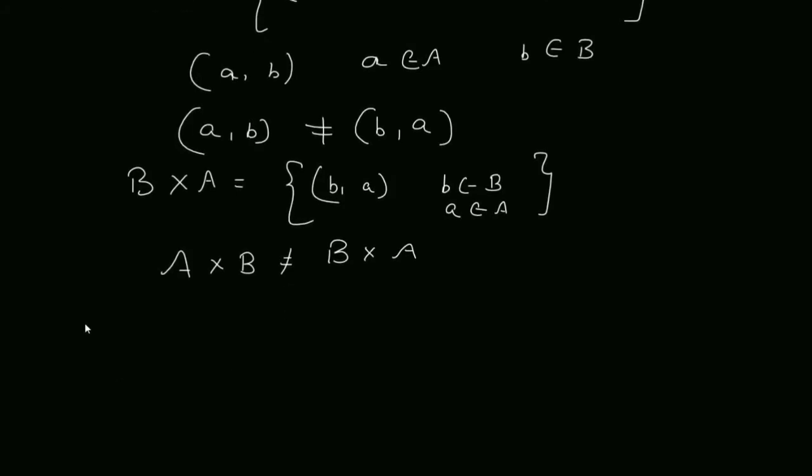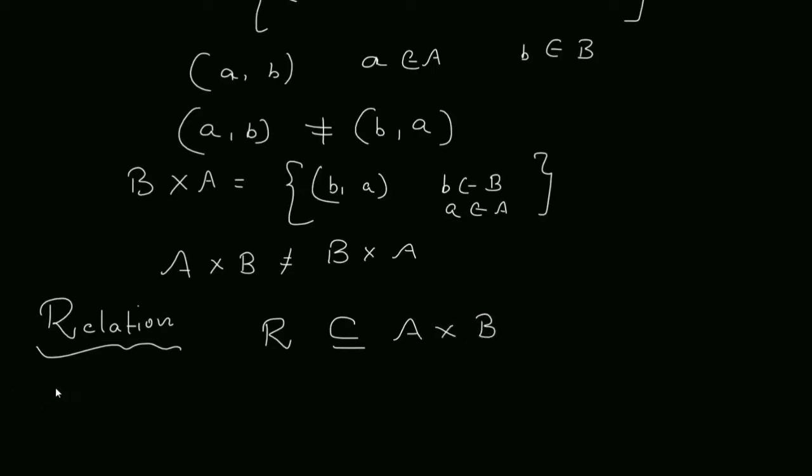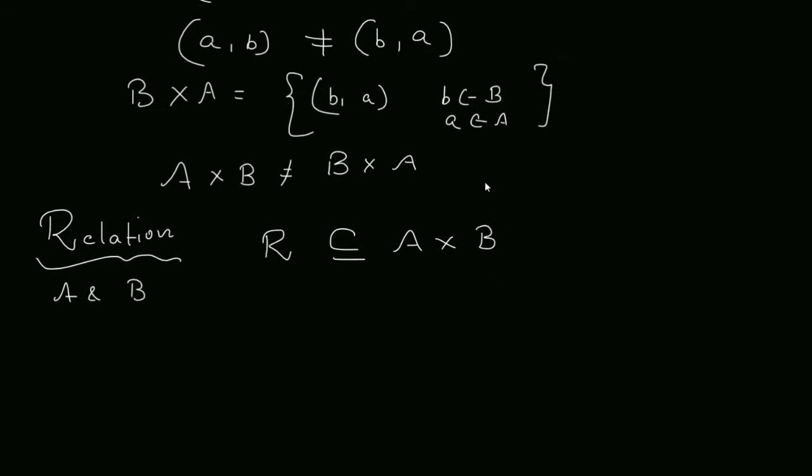Now the next important thing we are going to learn today is relation. So what is a relation? Relation is again a set of ordered pairs, but here relation is nothing but a subset of A cross B. If A and B are two non-empty sets, then relation is nothing but a subset of A cross B. So what is A cross B?